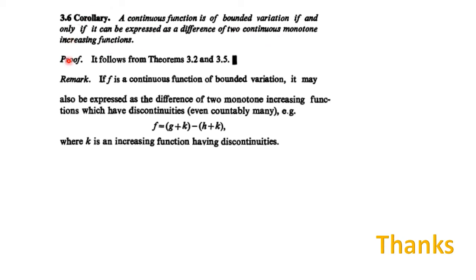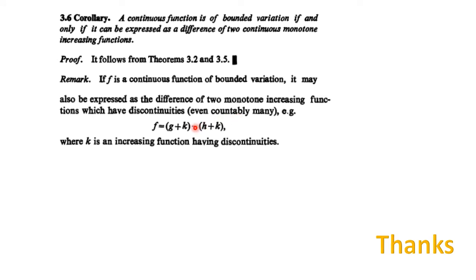And by the previous theorem, whenever your function is of bounded variation and continuous, the variation functions are also continuous. And G and H are nothing but the positive and negative variations, so they are also continuous, right?